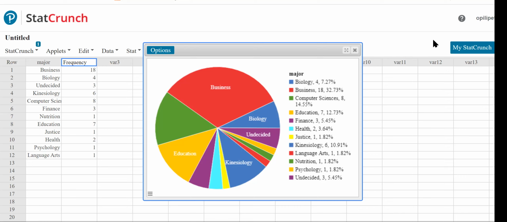Okay, so basically this is it for qualitative data representation, so bar charts, frequency tables, tallies, and pie charts, but there is more that we can do for quantitative data.